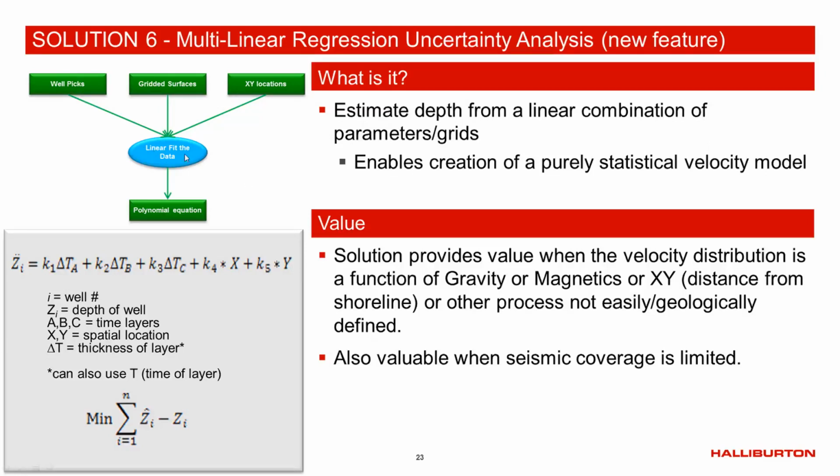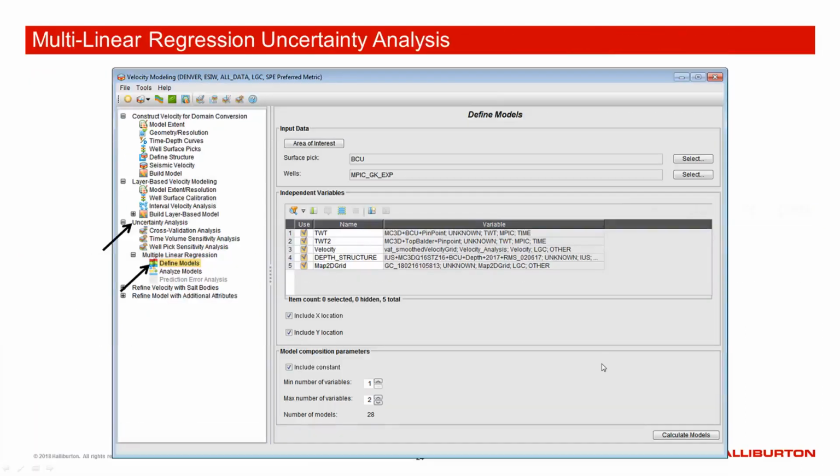So we have this linear fit data. There's this magic algorithm, which is actually not magic. It's basic linear regression, least squares fitting, some matrix algebra, and that will give us an equation that will perhaps accurately predict the depths, which is quite valuable, especially when you have limited seismic coverage in an area.